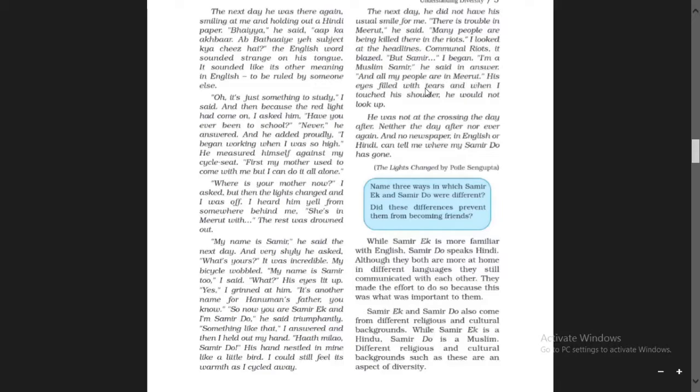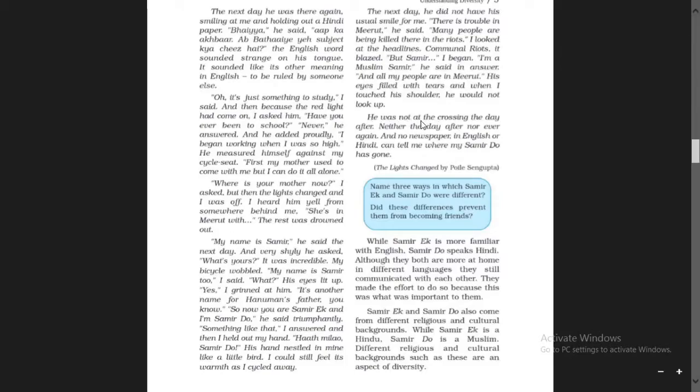His eyes filled with tears, and when I touched his shoulder, he would not look up. So he reacted very much to that communal riot.